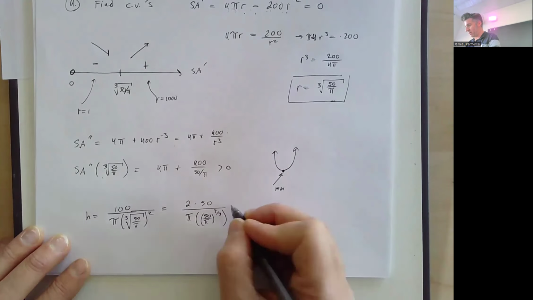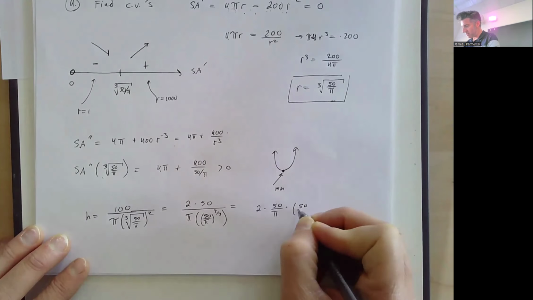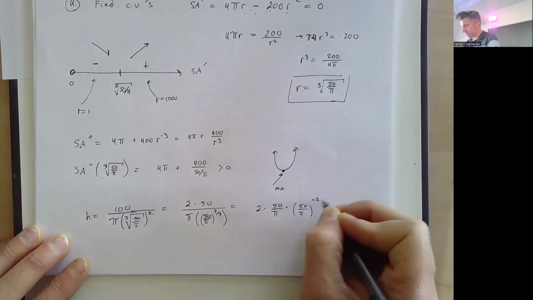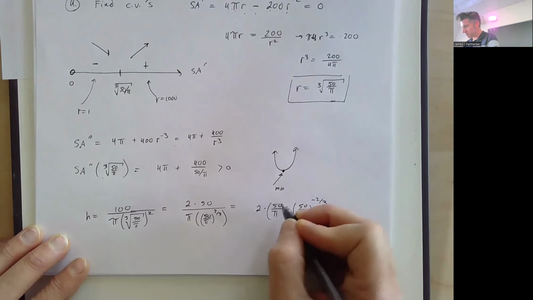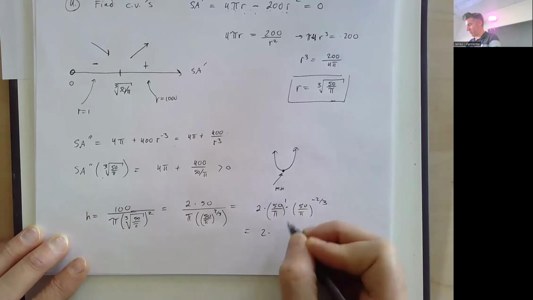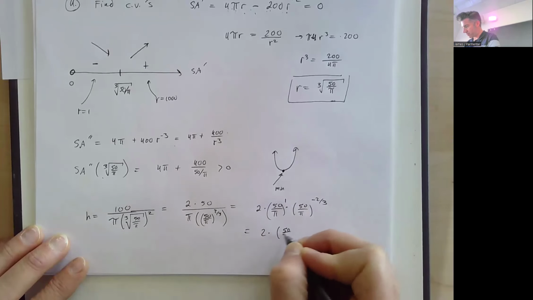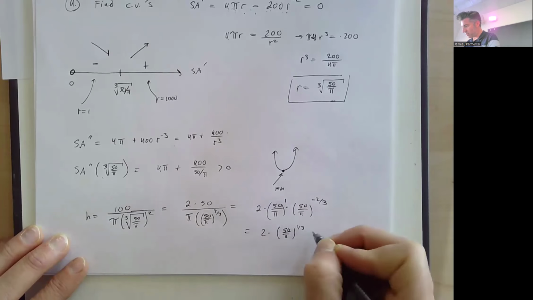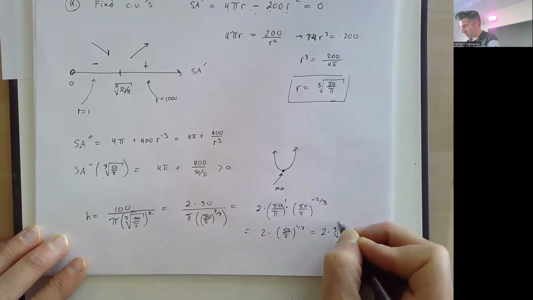What I really have here is 2 times 50 over pi times 50 over pi to the negative 2/3, which is really 2 times 50 over pi to the 1/3 power, or 2 times the cube root of 50 over pi.